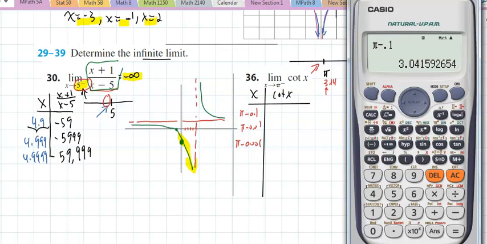And let me do this quickly. If I take pi minus 0.1, enter. And now the cotangent, I'm going to take 1 divided by tangent. Tangent of my answer.